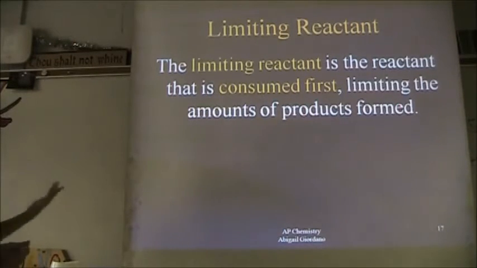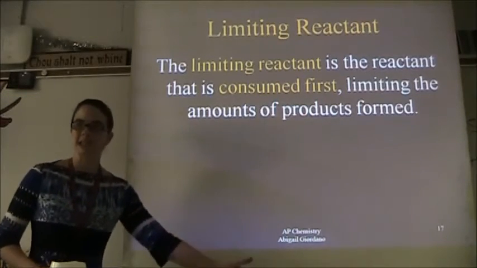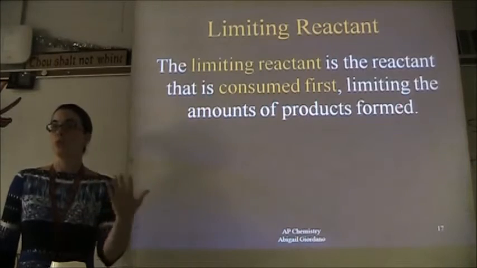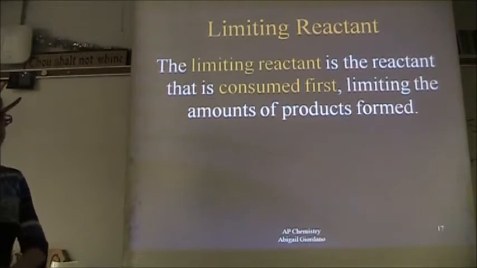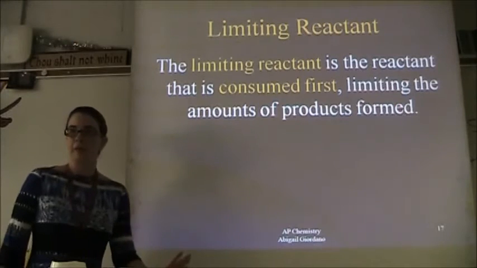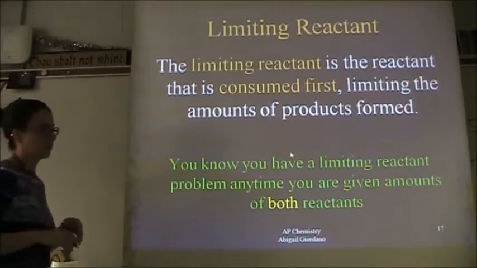So the reason it's called a limiting reactant is because it limits how much product will be formed. Okay, now, your test on Monday. If you come across a limiting reactant problem, there's not going to be big flashing lights going, whoa, hey, this is a limiting reactant problem. You need to be able to recognize it. Okay?